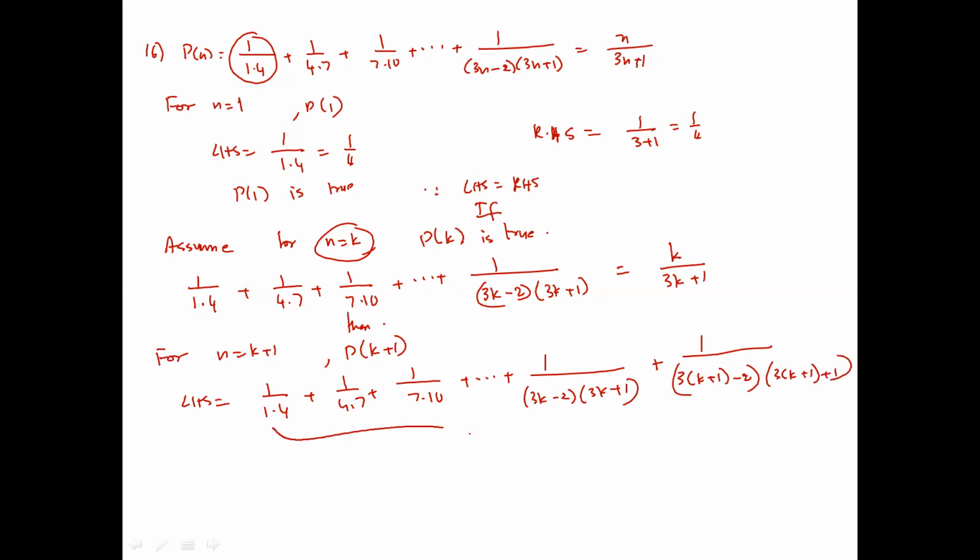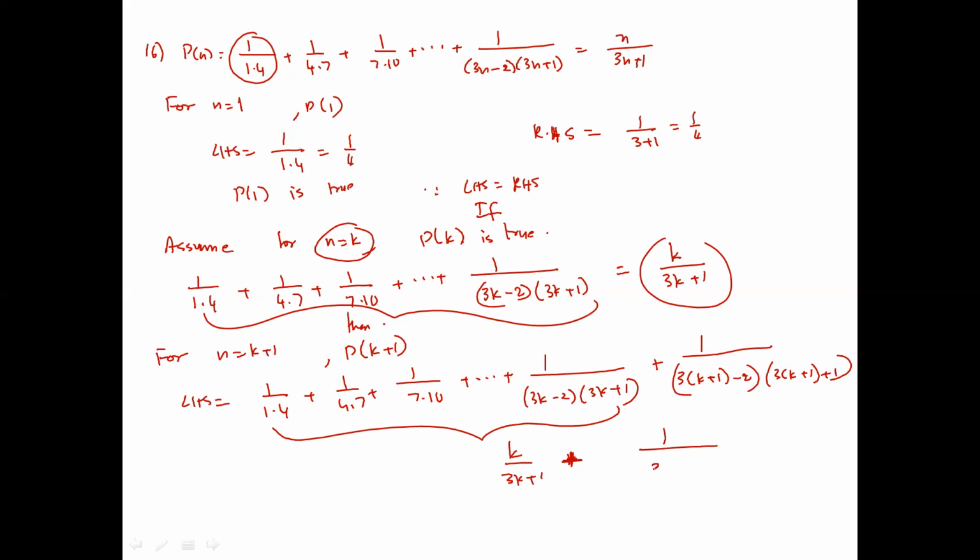So the first terms you can use from P of k and write it as k by 3k plus 1. And then what you will have, plus 1 by 3k plus 3 minus 2 is 1, into 3k plus 3 plus 1 is 4.